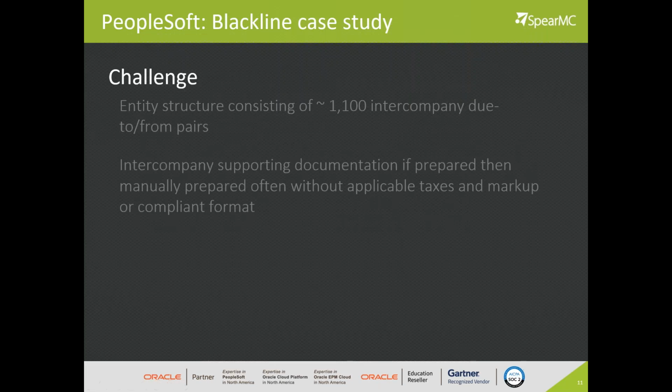The as-is process, we were really lacking in sufficient intercompany invoices and appropriate documentation. Sometimes intercompany documentation was manually created. It typically lacked the compliance requirements. It often lacked the appropriate taxes or markup.